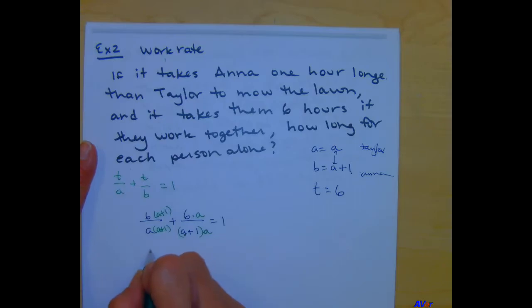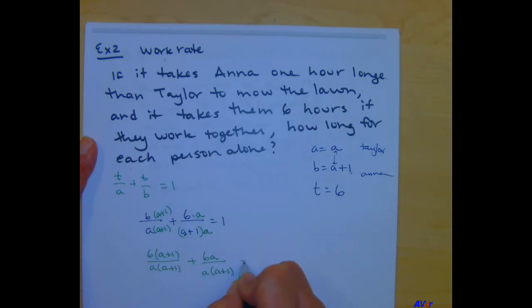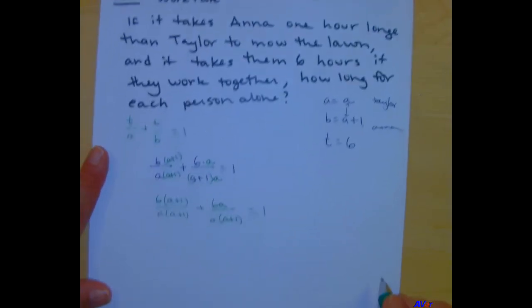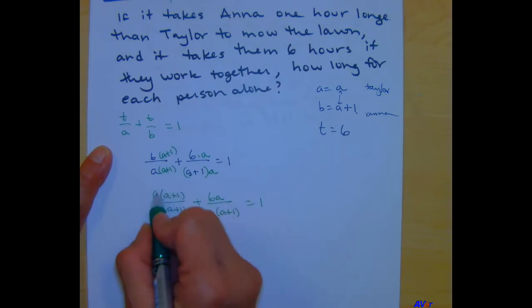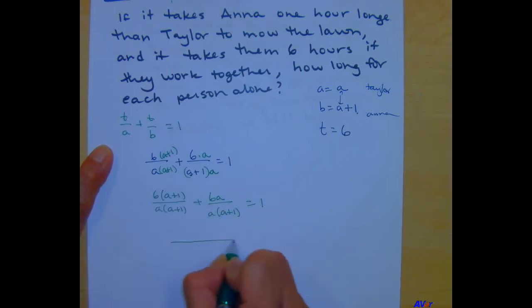We've got 6 times parentheses A plus 1 over that LCD, A times A plus 1, plus 6A over, again, A times A plus 1, and that equals 1. Now they have the same denominator, so we can add those together. I might distribute my 6 on the left side fraction as well.